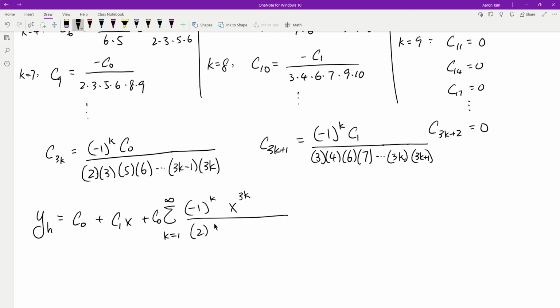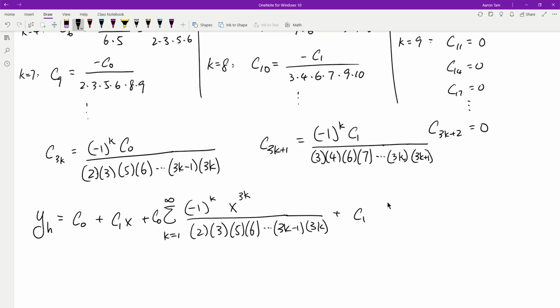And then you'll have 2 times 3 times 5 times 6 times up to 3k minus 1, 3k. That would be every term that has a power that's a multiple of 3. So this would be x to the third, x to the 6, x to the 9, x to the 12, and so on and so forth.